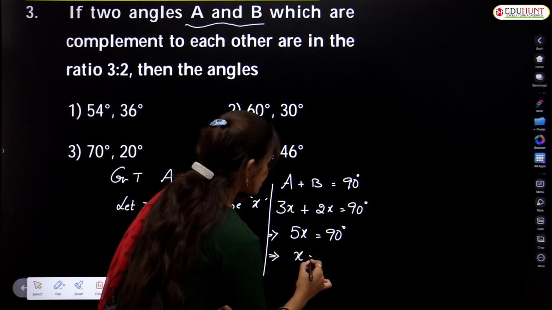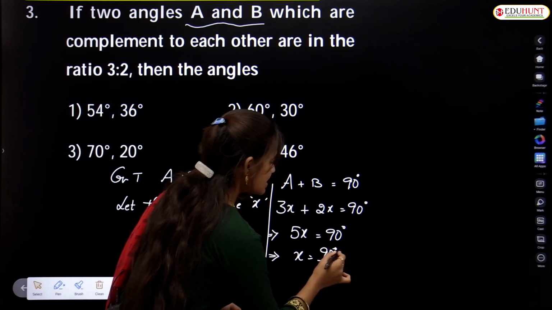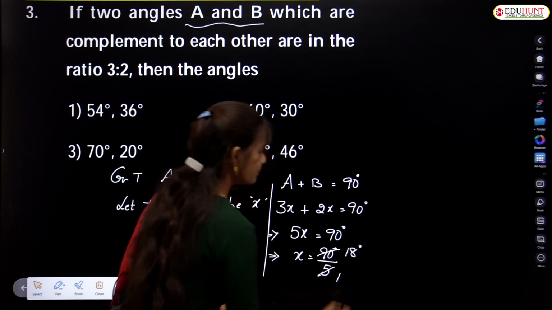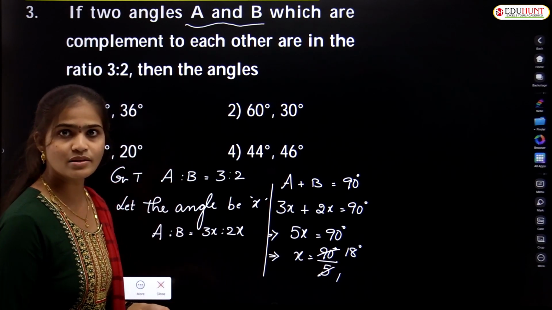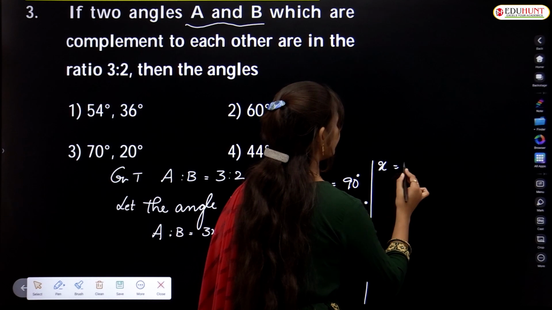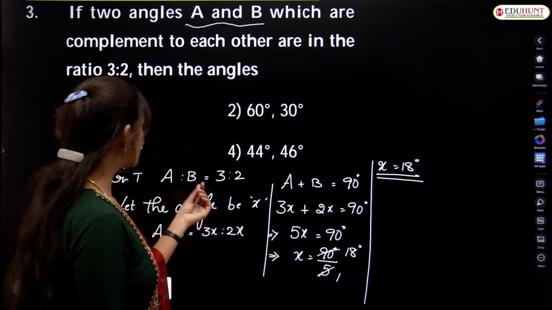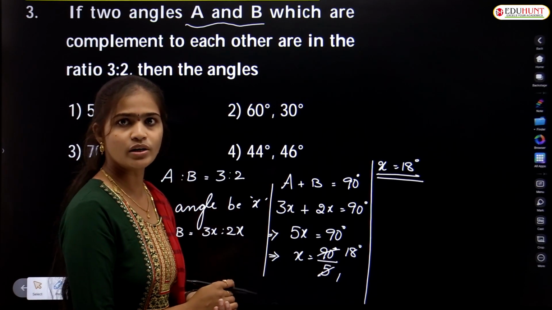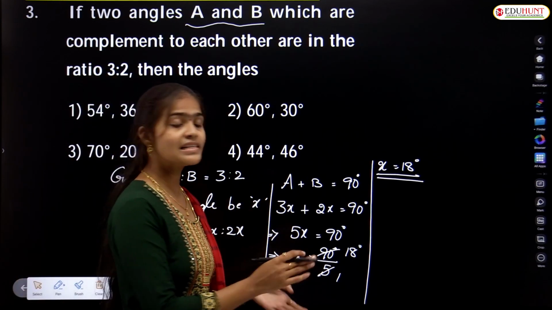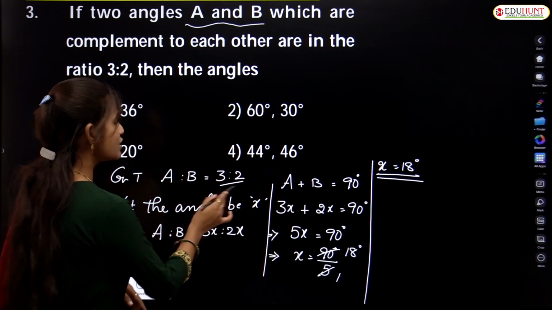So x is equal to 90 degrees by 5. 5 eighteens are 90 degrees, right? Yes. So here x is equal to 18 degrees. Now we got that angle. These two angles divided by 18 degrees will give the ratio 3:2.